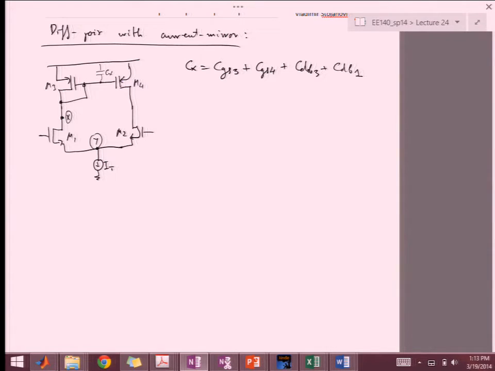Now, if we go and write a small signal model, let's say if we ignore ROs, that we said last time when we analyzed the current mirror, if we do this to the first order, we can assume that the bottom is symmetric, right?